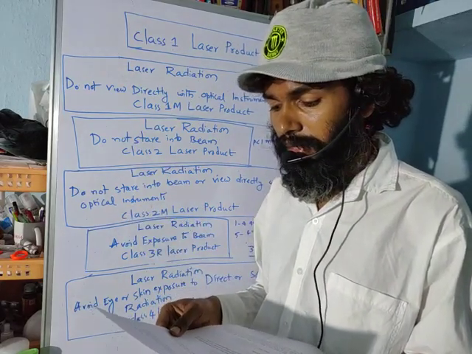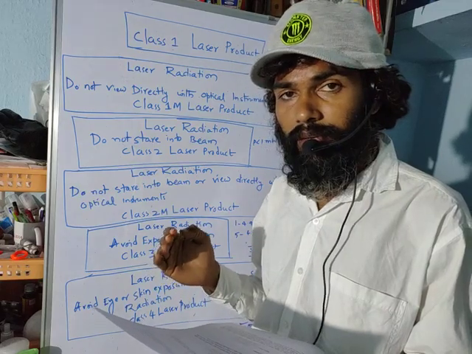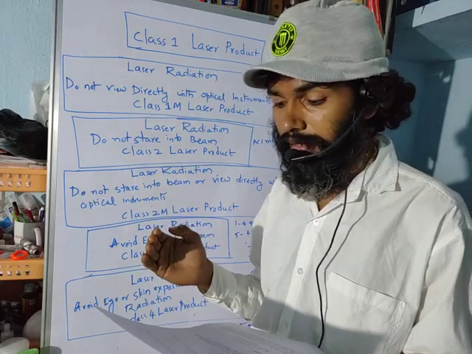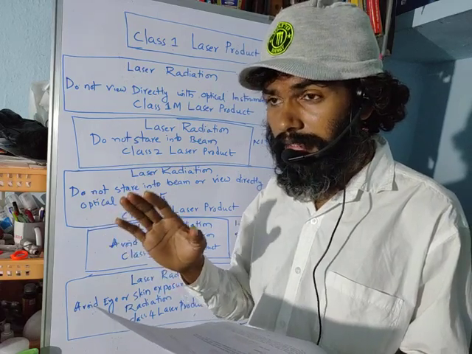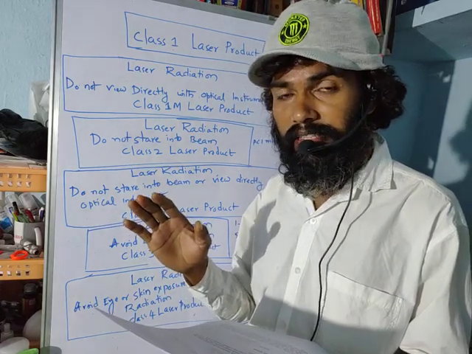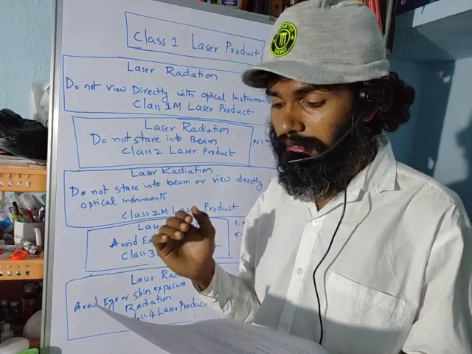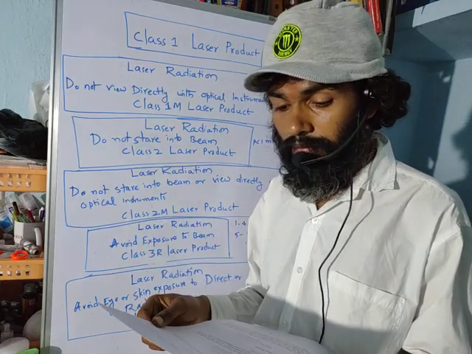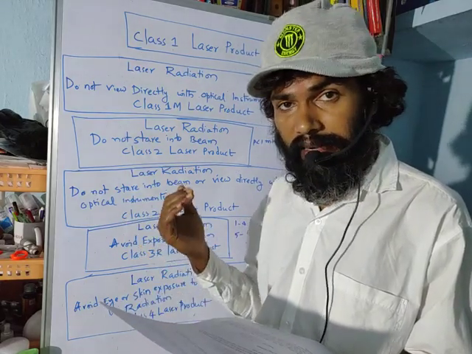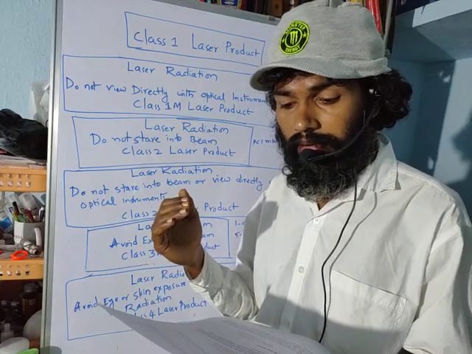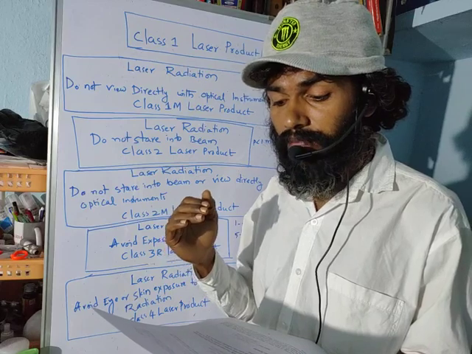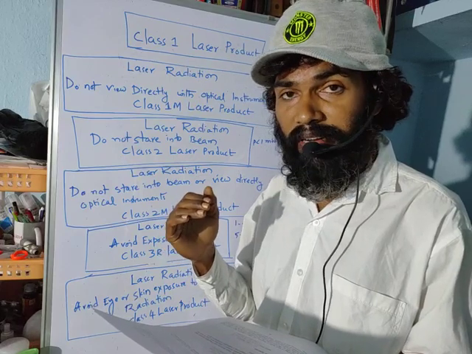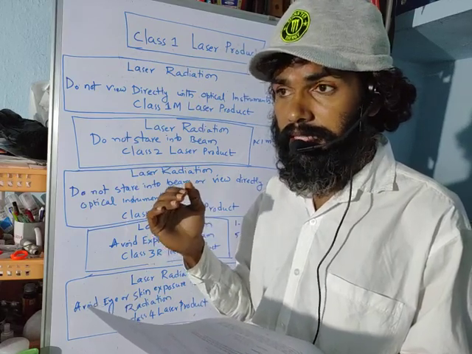And there is something called NOHD, which is the no ocular hazard distance. That means if you look at the beam from a certain distance, then it is kind of safe. And that distance for a laser of this class with power 0.99 milliwatt with a beam divergence of 1 milliradian is 7 meters.